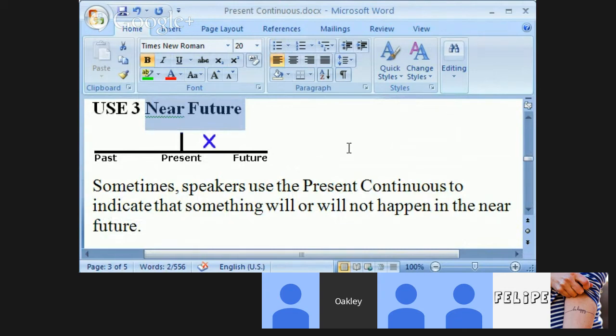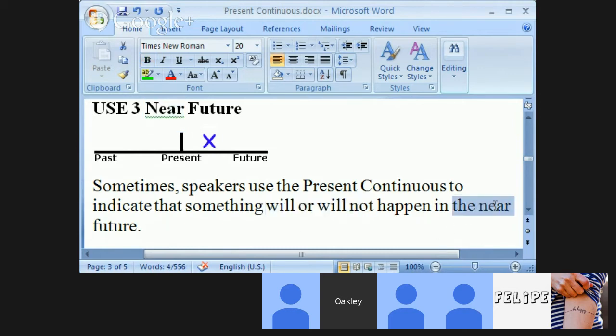The near future. Now, near is the key word here. Of course, obviously, we can talk about future events using future tense. But we can also use present continuous to indicate something will or will not happen in the near future.